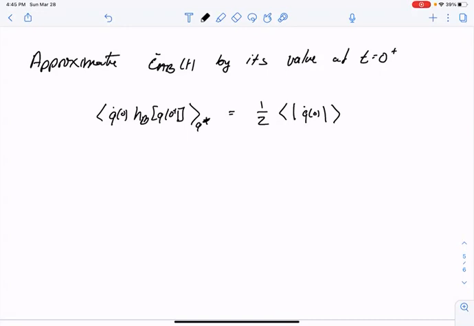Now note, again, because of the uncorrelated nature of velocities and configurations, true classically, the average velocity is independent of the configuration I'm evaluating it in. So that conditioning also goes away.